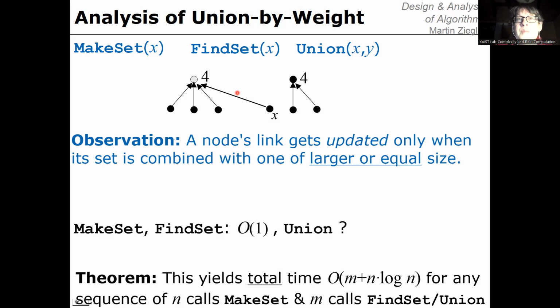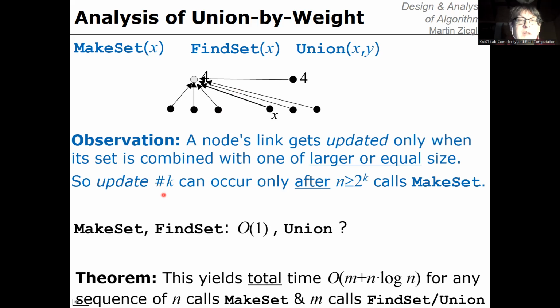And that means conversely, we must have a very large number of elements for a pointer to be able to get updated repeatedly. So one pointer can be updated once only when there's a set of double the size. A pointer can be updated a second time when there's a set of 4 times the size.